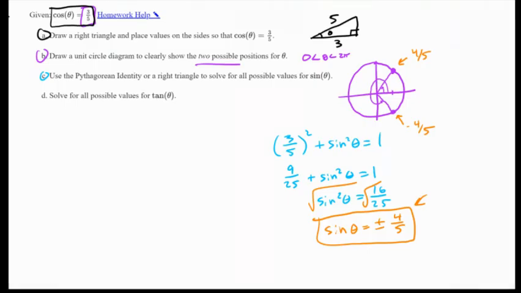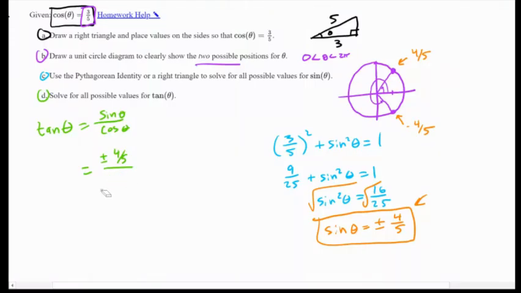Last one here is asking for us to solve for all possible values of tangent. Well, tangent is equal to sine over cosine. And now I have all my values for cosine and sine. And so when I do this, I'm going to put plus or minus 4/5, just to represent that I'm going to get two answers.